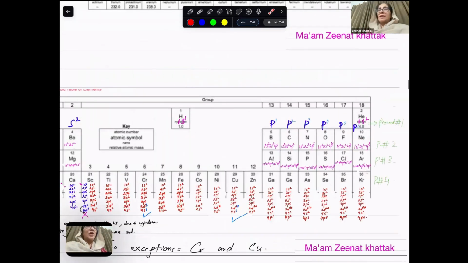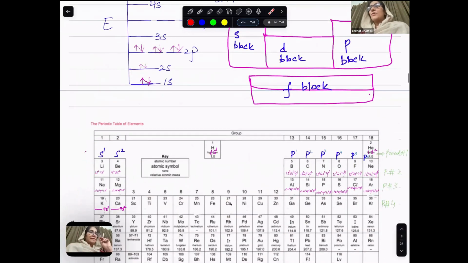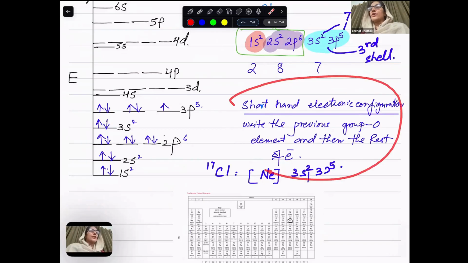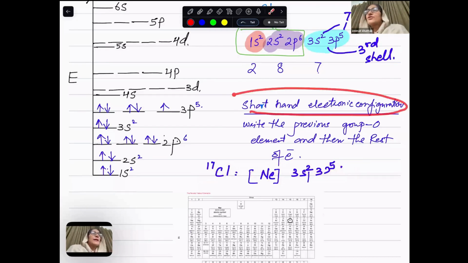Now, the next thing, how to write the shorthand electronic configuration. Like this way. You know what is shorthand electronic configuration? In shorthand electronic configuration, write the previous group 0 element and then the rest of the electrons.